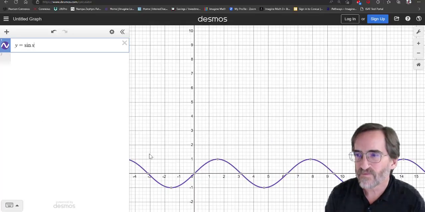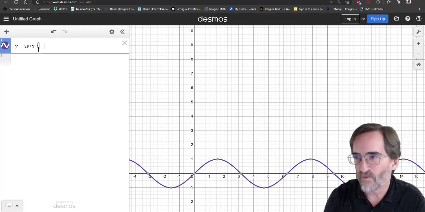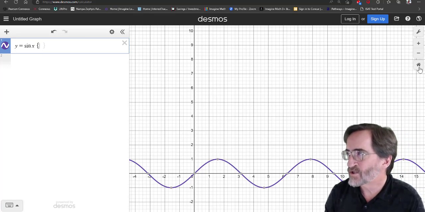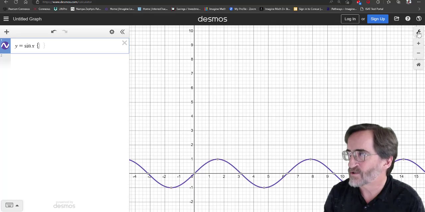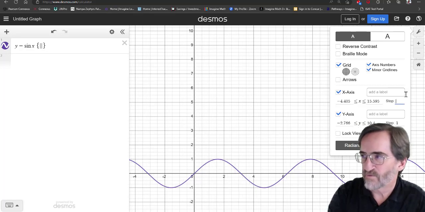So sine x needs to be restricted. I'm going to restrict it to what? Where does the lowest point occur? Let me change the scale, the bottom scale, to multiples of pi. So I'm just going to put pi over 2.